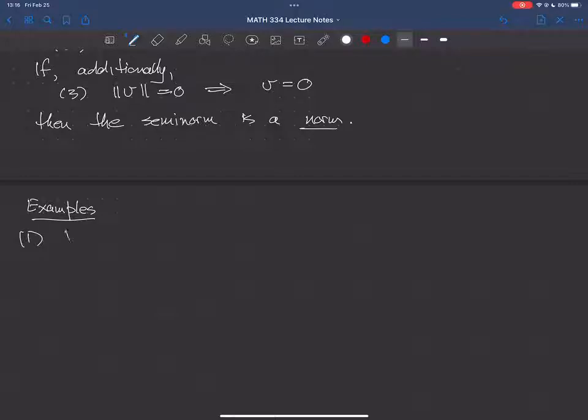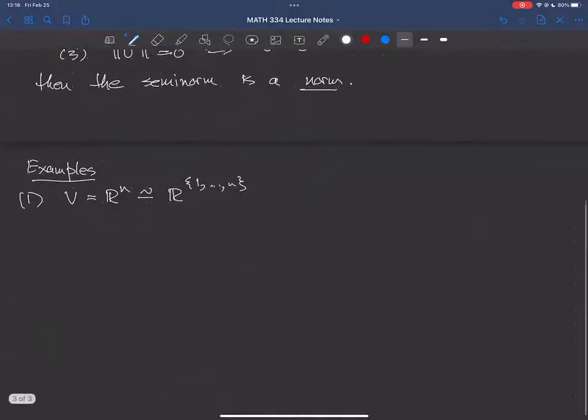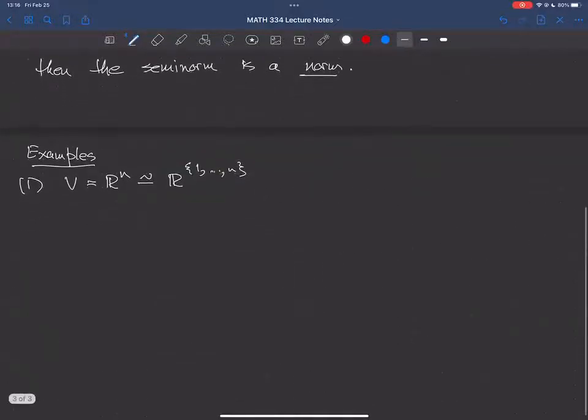So for the first vector space, we're going to take V equals R^n. Okay. And if you want, you could think of this as being also this. Okay, but for the purposes of the conversation here, we're going to use this representation. Okay, so that's the vector space, and here's the norms that we're going to consider.